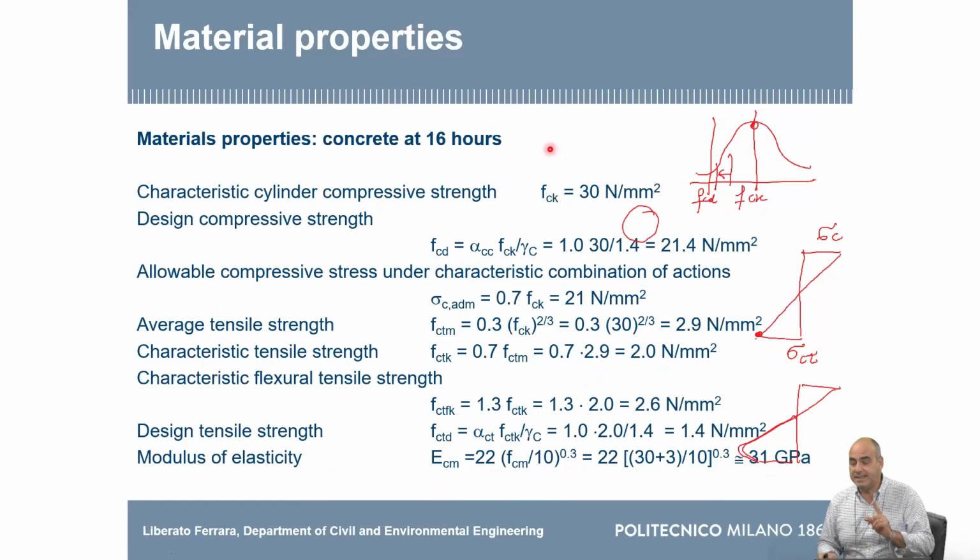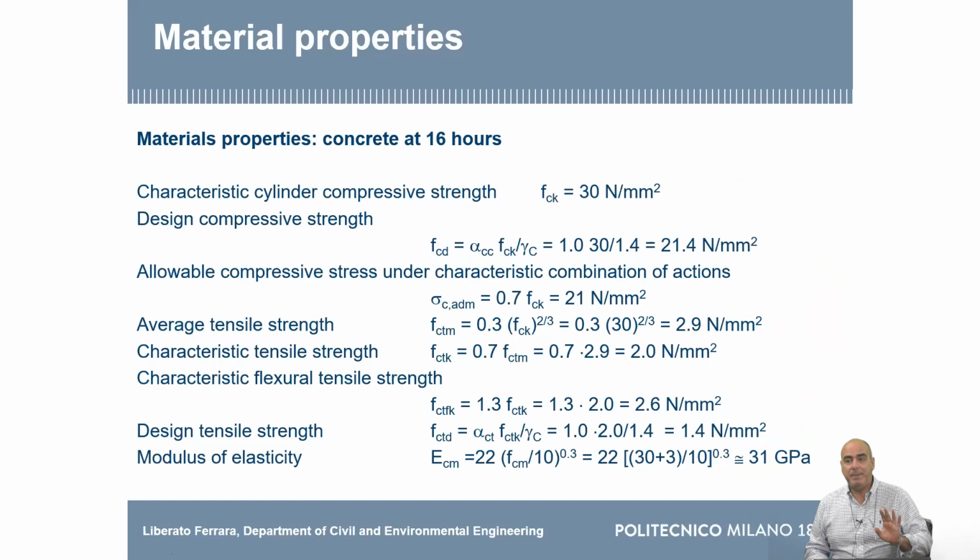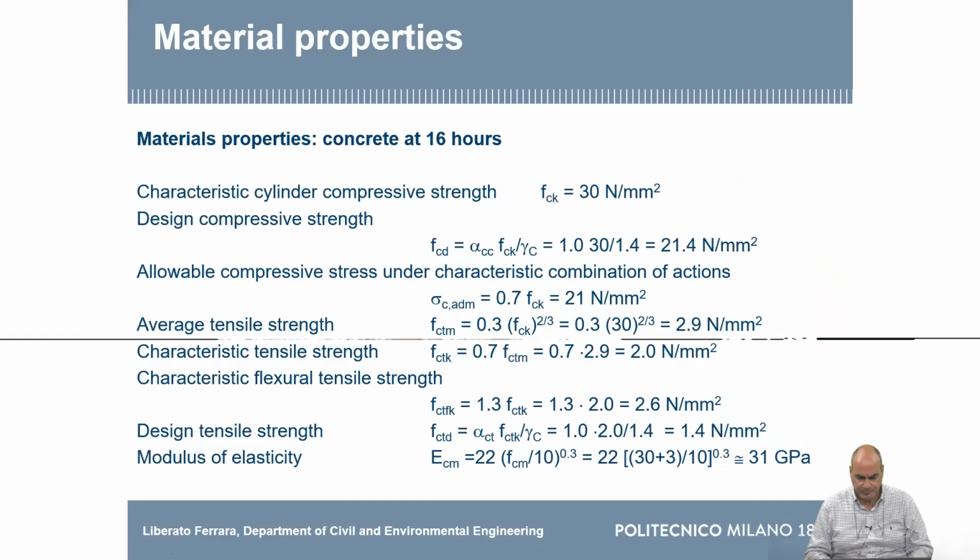But we have said the first stage for which we have to check our concrete pre-stressed structural element. So we have also to specify, when we are in pre-cast pre-stressing, we do not only specify the concrete at 28 days. We have to specify also what properties we want at 16 hours, because that is the first moment in which the element will start being checked.